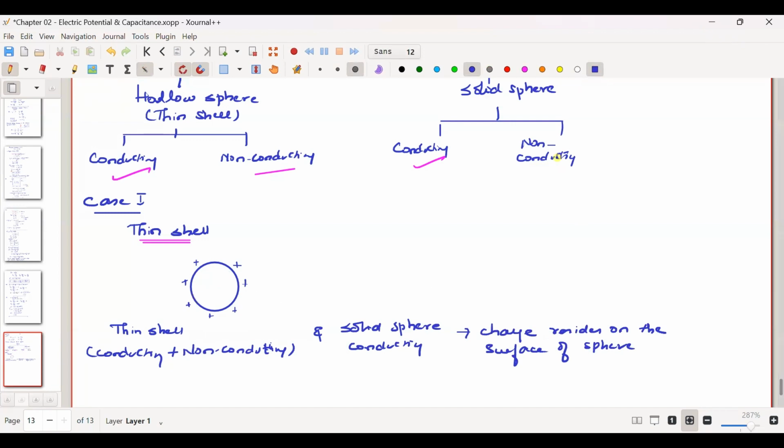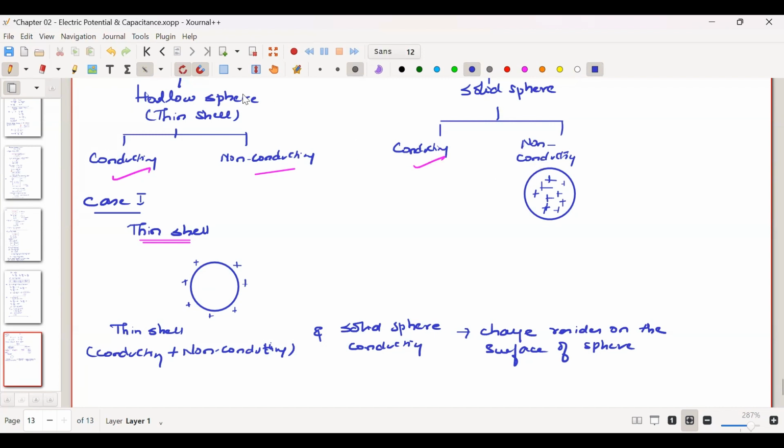Whereas in the case of a non-conducting solid sphere, you can give charges inside this. The charges can reside inside the volume of a non-conducting solid sphere. A solid sphere is something like a bowling ball, fully filled with material.